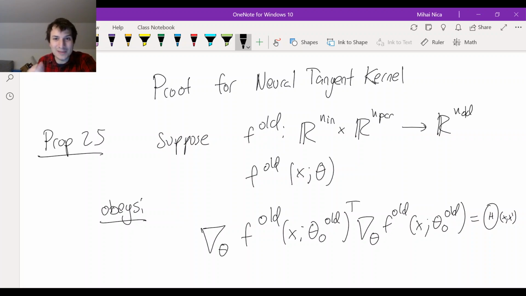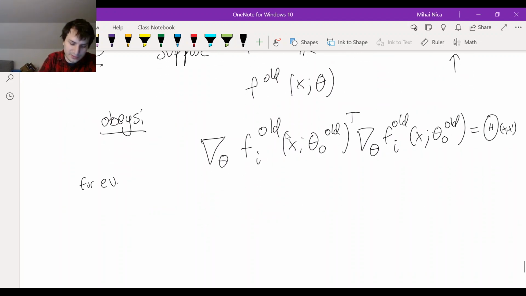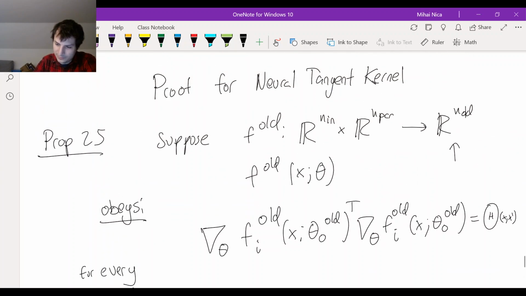If you do the gradient with respect to these parameters, which I'm calling the old parameters, then you get this kernel theta. The observant people will notice this doesn't actually make any sense because f old is supposed to be in R^(n_old). So when you do these things, you don't get a function, you get a matrix. That's not what we want. So actually what we want is for the ith component to be this kernel function theta, for every 1 less or equal i less or equal the output dimension, n old.